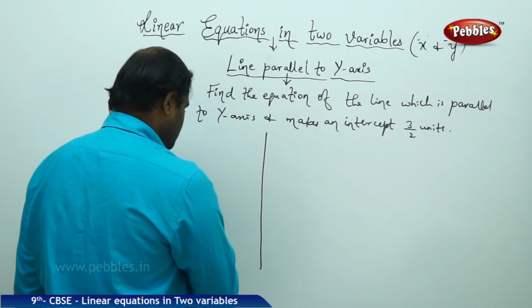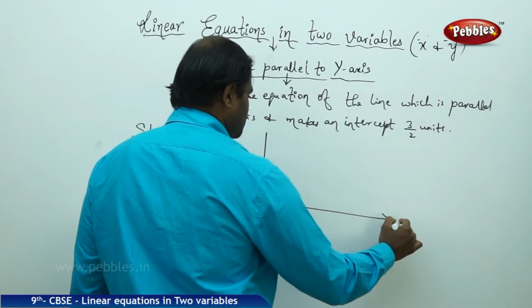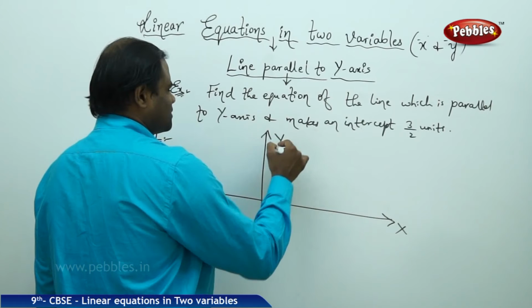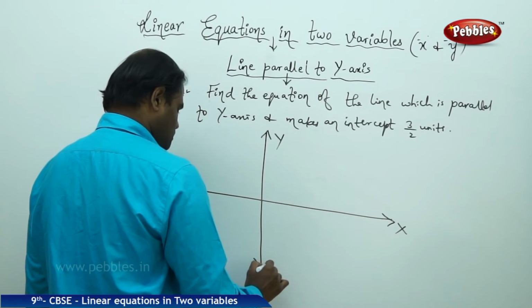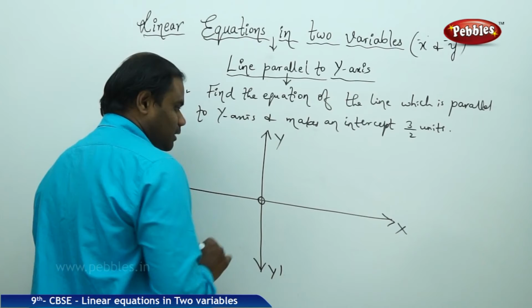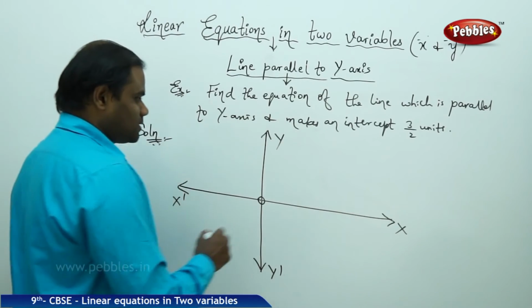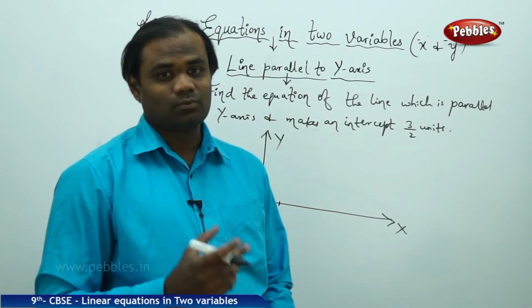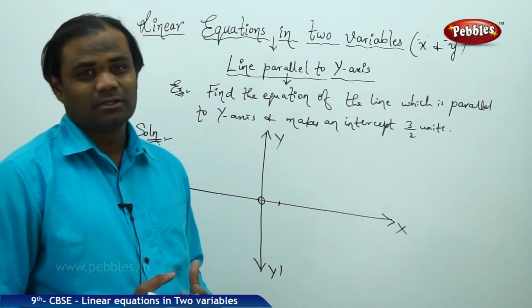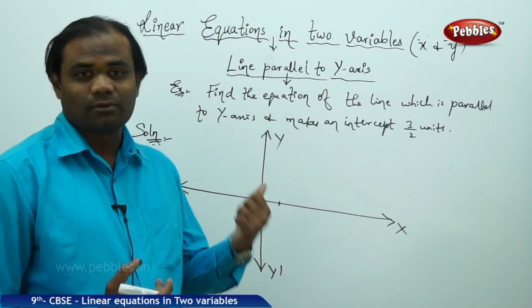So as I take the Cartesian plane with x and y-axis intersecting at origin, let me just take it with a scale of 1 centimeter equal to 1 unit on x-axis and 1 centimeter equal to 1 unit on y-axis.